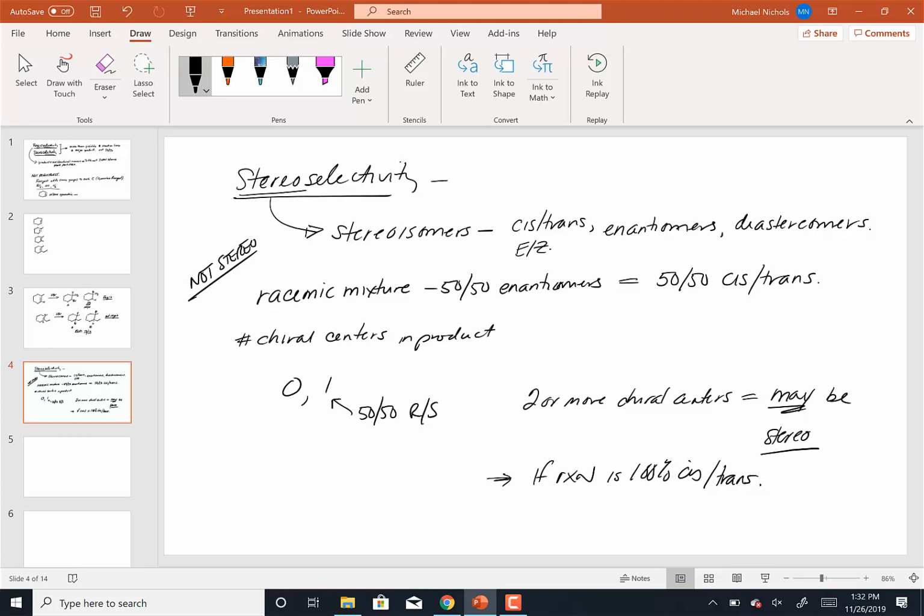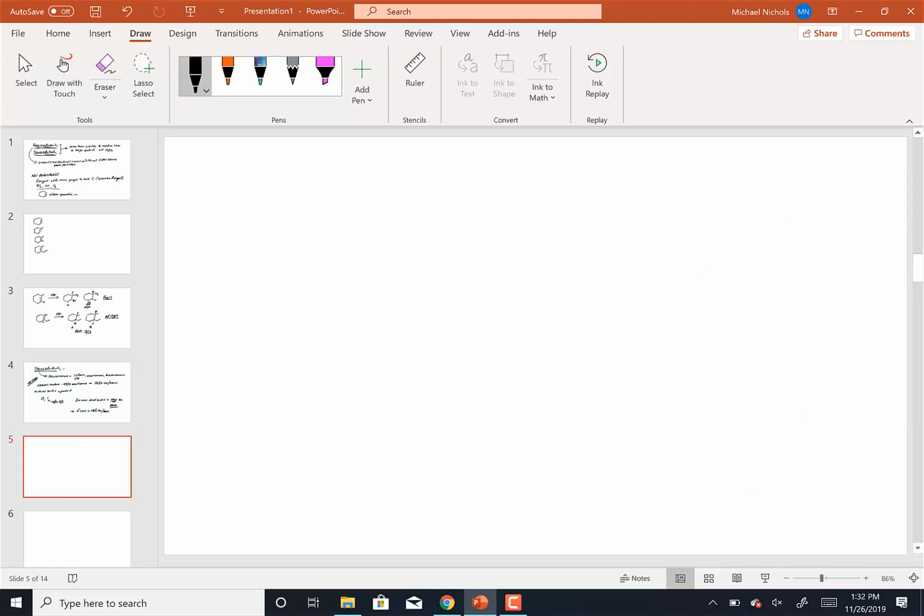Okay. That's why that flow chart is so short, because that really gets to the essential element of it. But we need an example. So let's do cyclohexene. What do you want to add to that that adds either 50-50 or 100% cis or 100% trans? What reagent do you want to do?